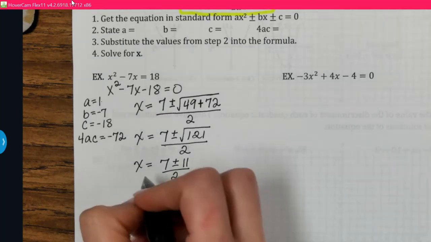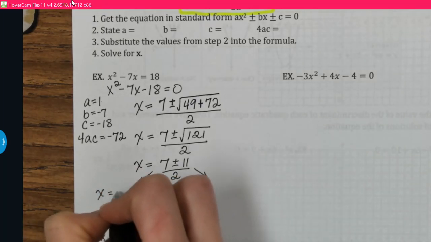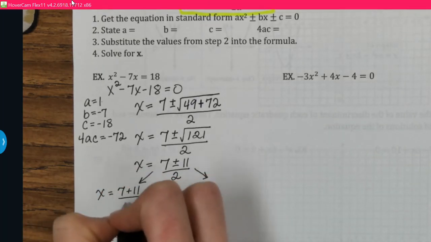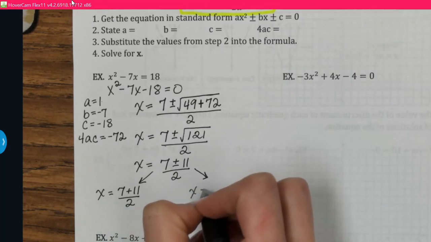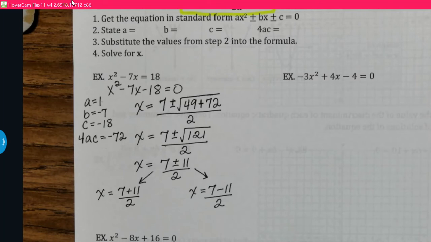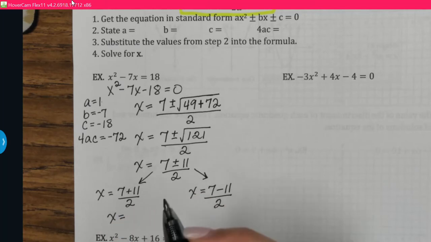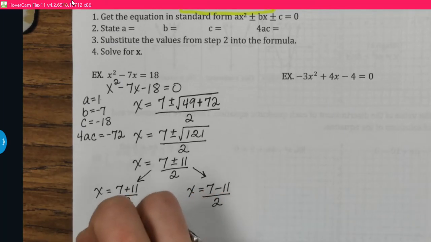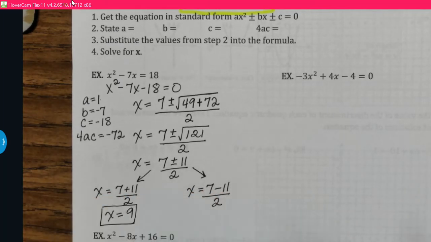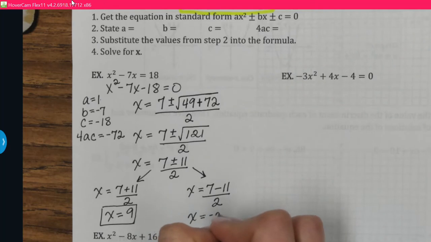So you're going to do the same thing. You're going to split x equals 7 plus 11 over 2 and x equals 7 minus 11 over 2 and get your two x values. So 7 plus 11 gives you 18, divided by 2 would give you 9, x equals 9. And then 7 minus 11 divided by 2 would give you x equals negative 2.